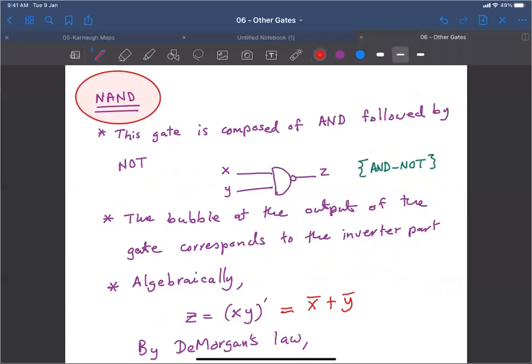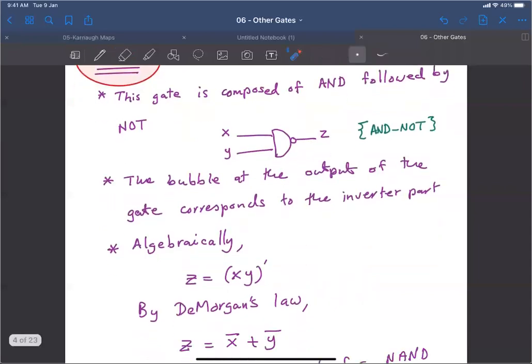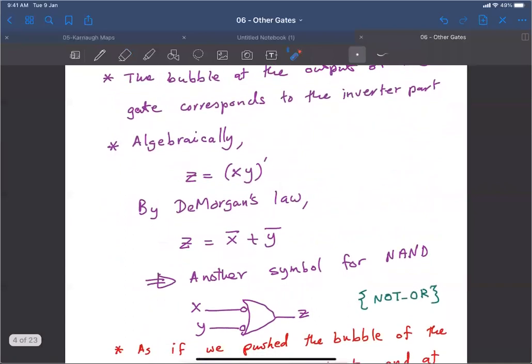So the NAND gate can be represented with an OR gate. You can take the complement of the inputs and then feed them to an OR gate, and this is equivalent to the NAND gate. So there are 2 symbols for the NAND gate: one is this symbol, and the other is this symbol here.